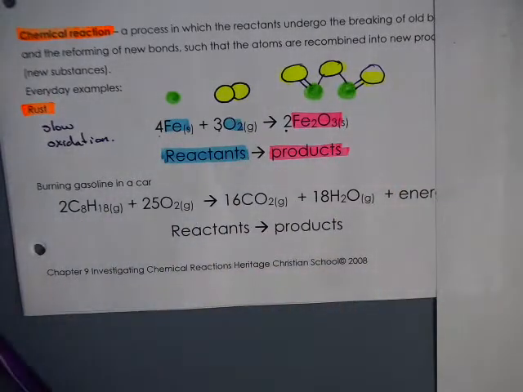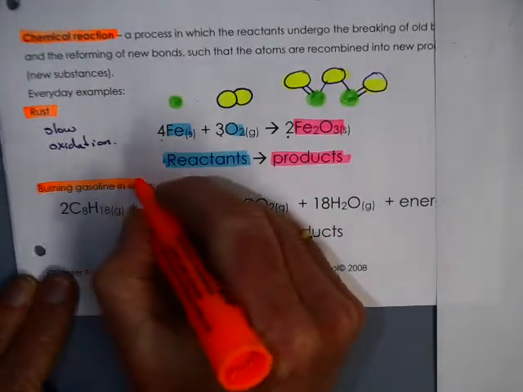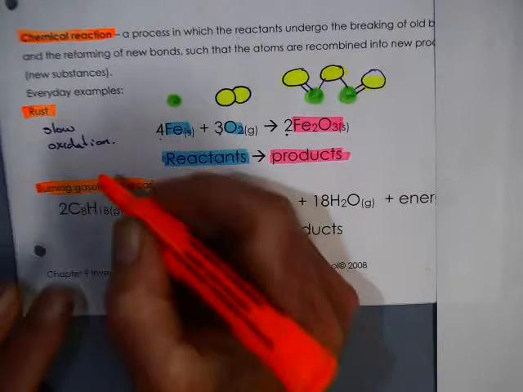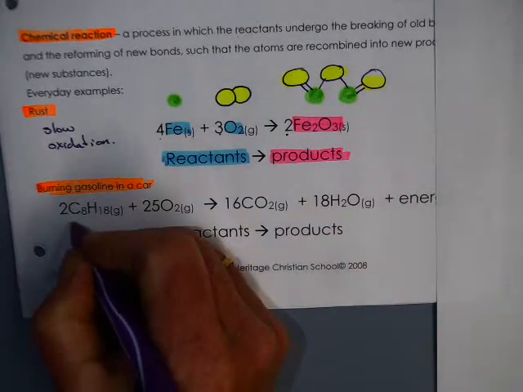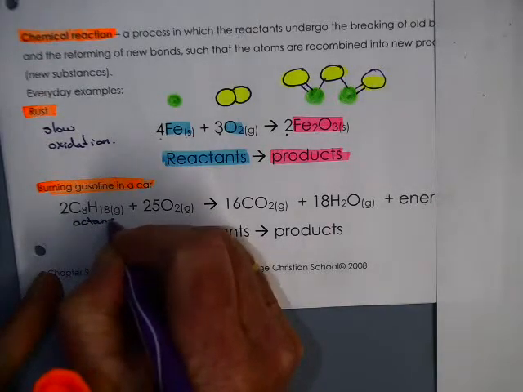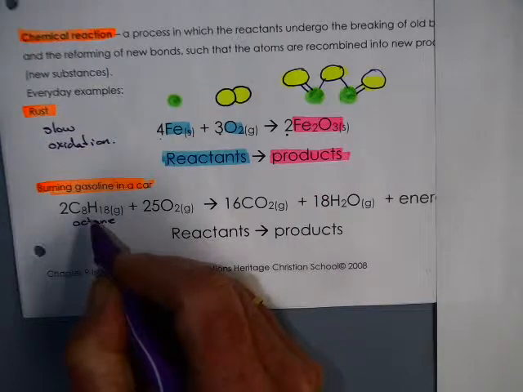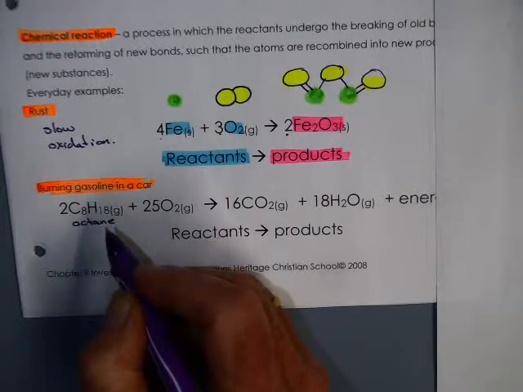So burning gasoline in a car. Now this is a simplified version. It turns out that this thing here is called octane. Notice that it is a hydrocarbon. It contains only carbon and hydrogen. I think gasoline is about 80-something% octane. It does have other things in it, but it's largely octane.